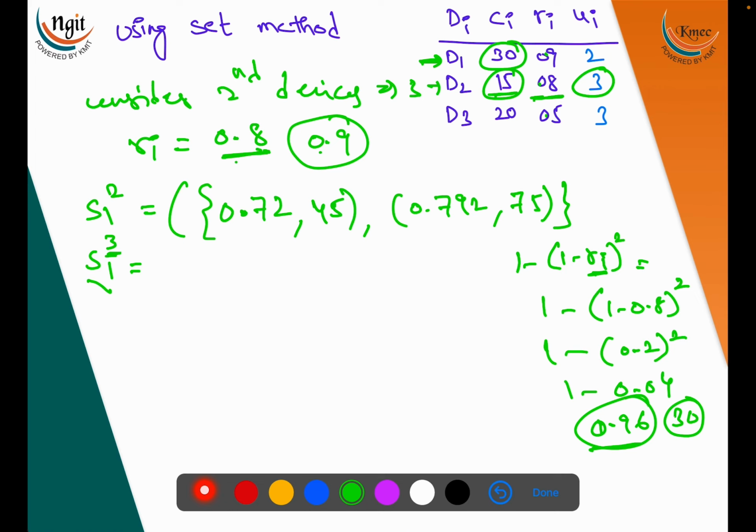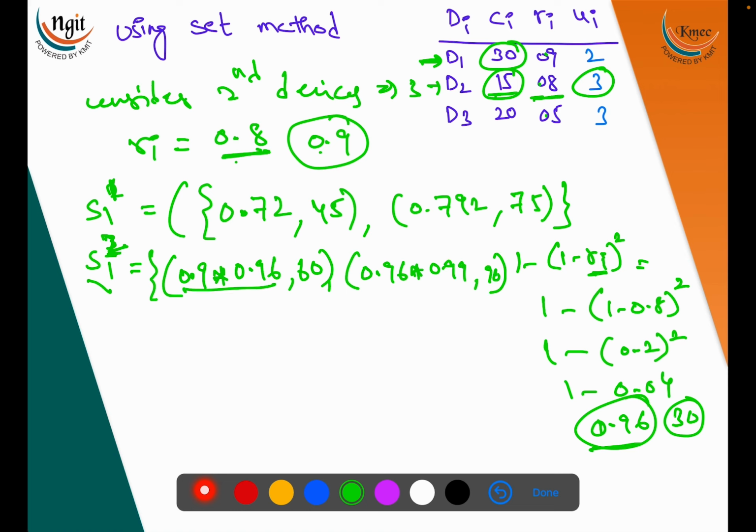Now S13, I am going to write with the second S1 with this. For the second copy I am taking the values 0.9 into 0.96 comma 60, and 0.96 into 0.99 comma 90.